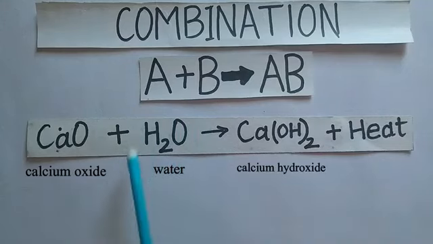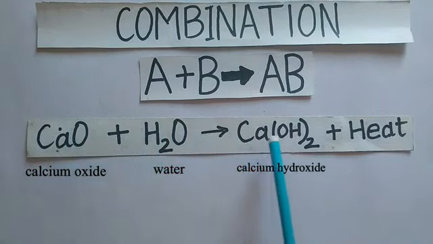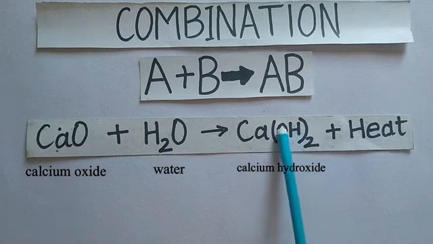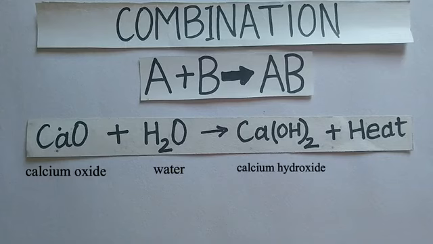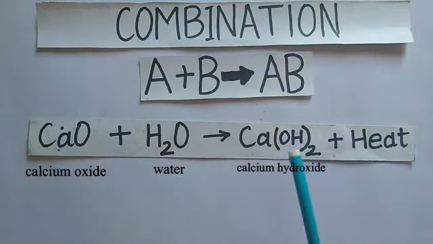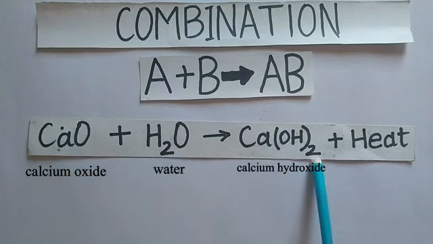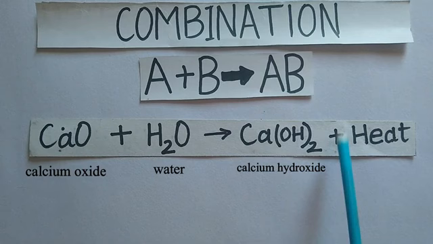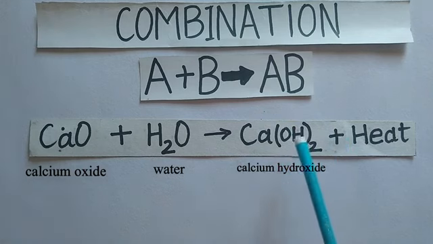Water, the compound, is H2O. That combines to give you Ca(OH)2. Now remember, this 2 is only for oxygen and hydrogen. Right? We did this previously. So this is combining to give you calcium hydroxide, plus heat is generated.